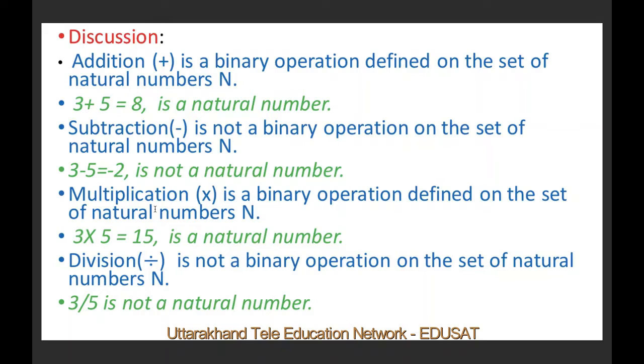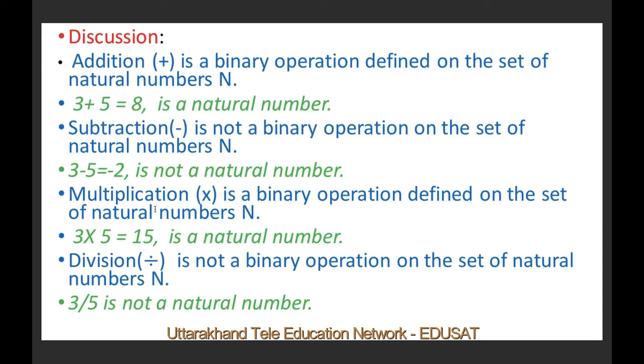But subtraction is not a binary operation on the set of natural numbers, because we have seen 3 plus 5 is equal to 8, means if we add two natural numbers, then the resulting number is always a natural number. But if we subtract 5 from 3, the resulting number is minus 2, which is not a natural number.